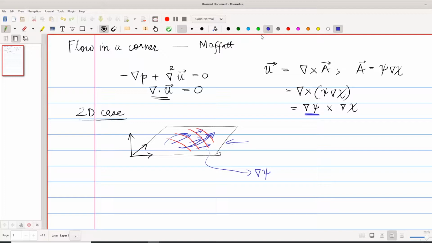We all know the physical meaning of grad psi. What about grad phi? If grad psi is in this direction, grad phi has to be in this direction, in order that the curl of grad psi and this vector be confined to this particular plane. Therefore, if grad phi has to be in this direction, what should be phi?